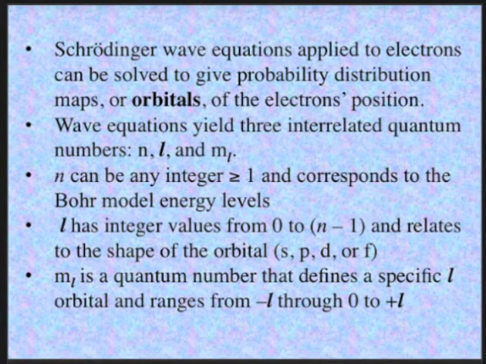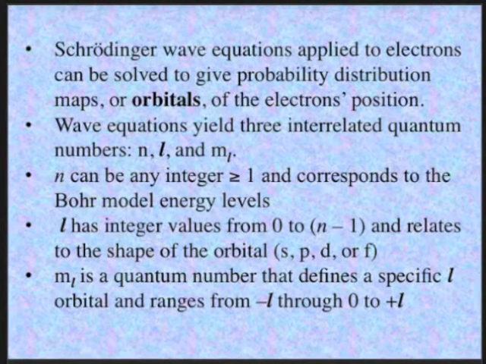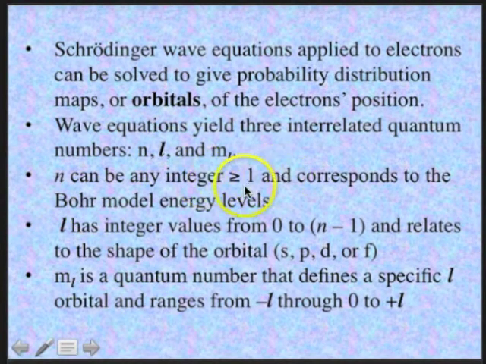Schrödinger wave equations applied to electrons can be solved to give probability distribution maps, or orbitals, of the electron's position. And these wave equations yield three interrelated quantum numbers, n, l, and m sub l. N can be any integer equal to or greater than 1 and corresponds to the Bohr model energy levels.